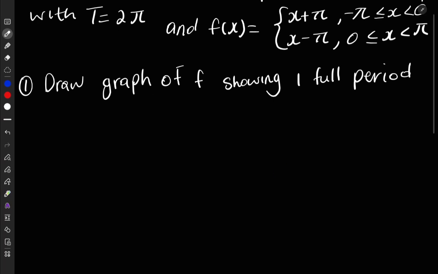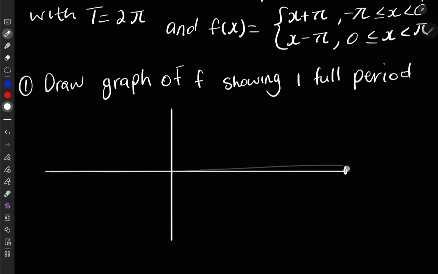So what you have to do, first things first, is draw your Cartesian plane, and then you can see the lowest value you have there is negative pi. So you're just going to mark negative pi there, 0, and your last value is positive pi.